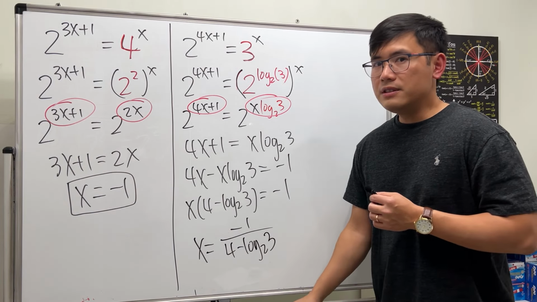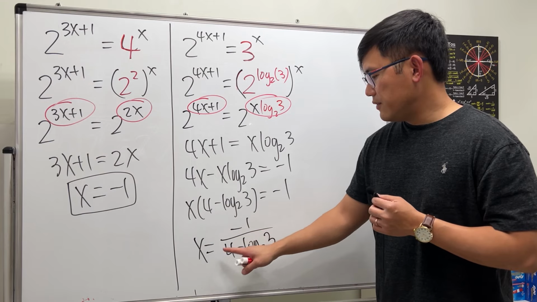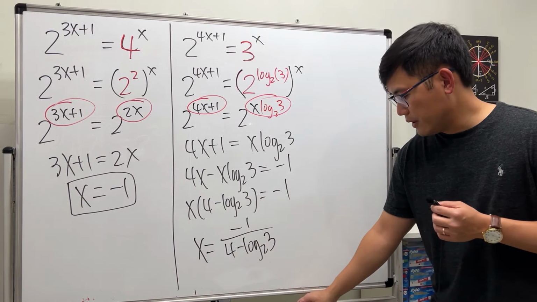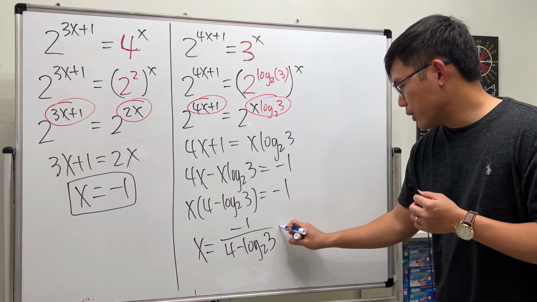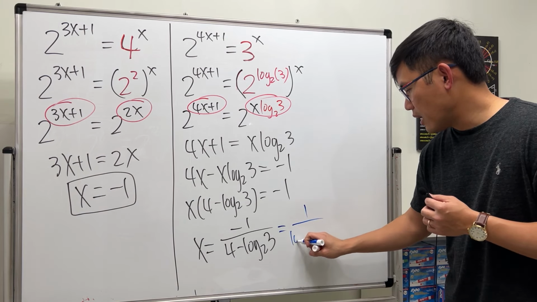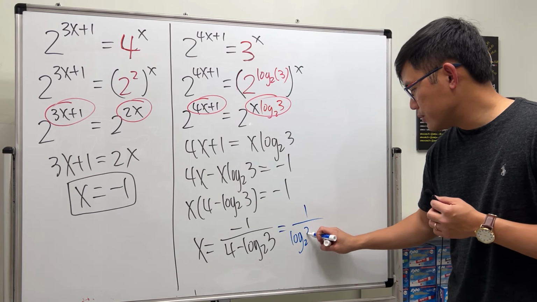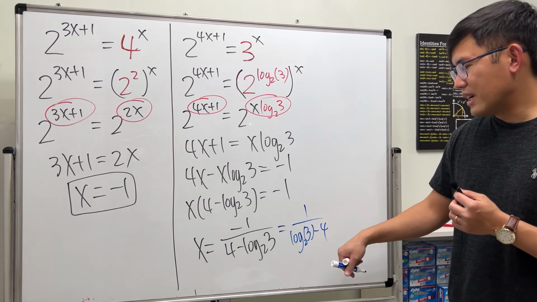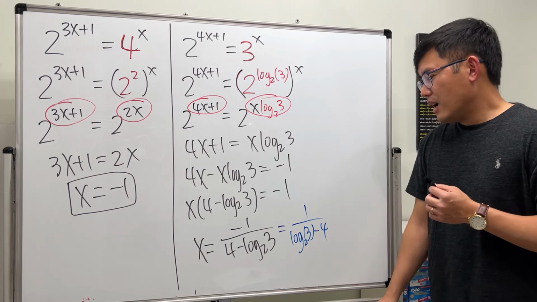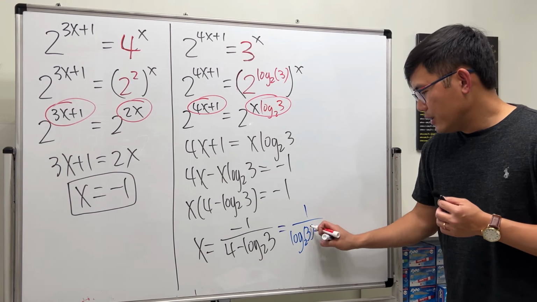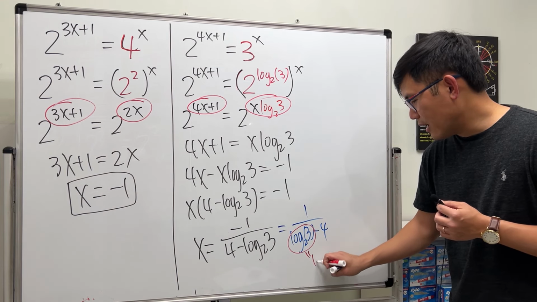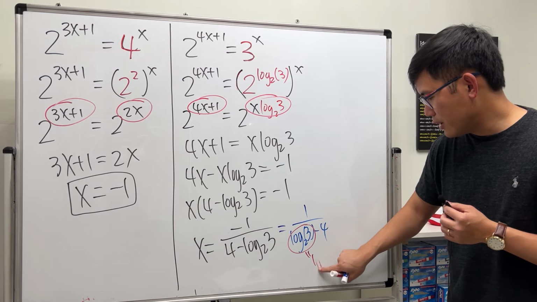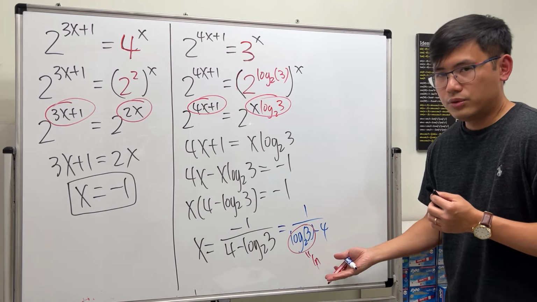Of course, you can be fancy a little bit. You can bring the negative down here and then switch the order of subtraction, and you will get 1 over log base 2 of 3 and then -4. The -4 is outside, but I think I prefer it like that. And if you want to be fancier, you can write this using ln, just as I told you, I want to be fancy.